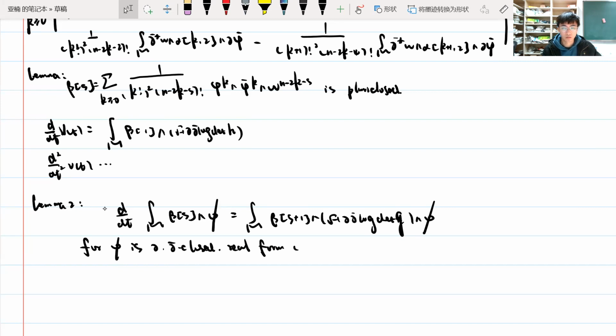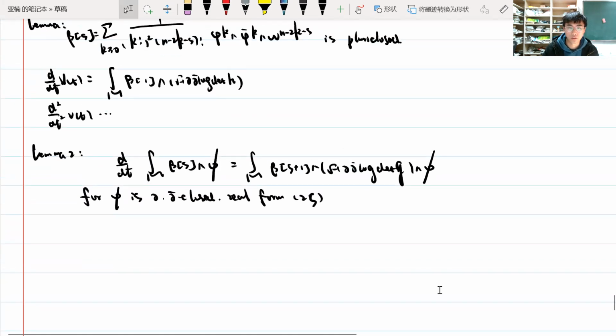It is a 2R form, 2S form. Then we can complete the proof by induction.